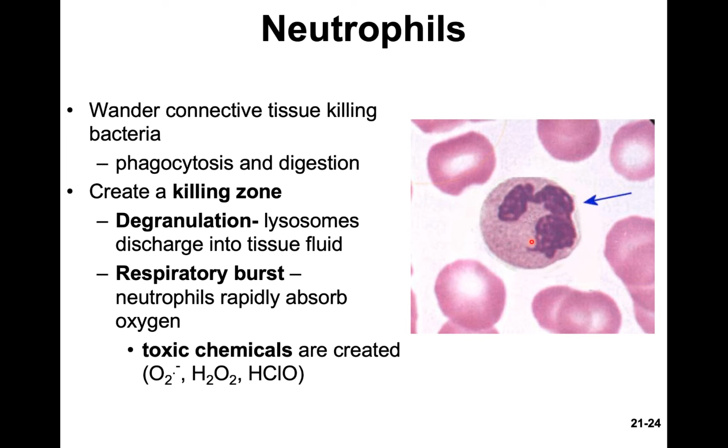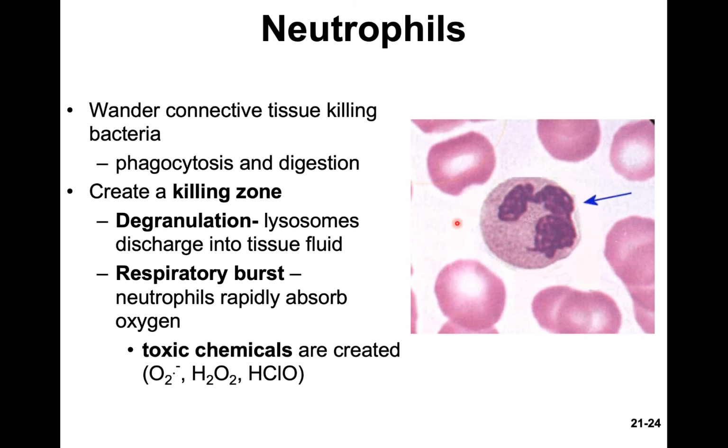Respiratory burst is when the neutrophil itself discharges toxic chemicals like oxygen radicals and, let's just say, hydrogen peroxide into the area around it. Once it does that, that area is now called a killing zone. Any cell within the vicinity of that killing zone is going to die, whether that's a bacteria or one of your natural cells.